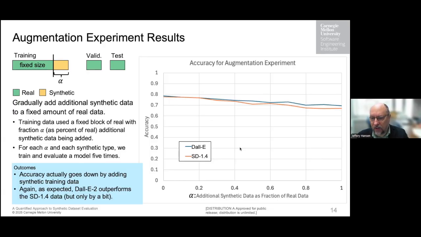Part of the reason could be examples like the tiger and the tiger lily, those things in the synthetic data that end up distracting from the quality of the model compared to the real data. But again, the Dolly data does still perform slightly better than the synthetic data, but the drop is not quite as large as it was in the replacement experiment.